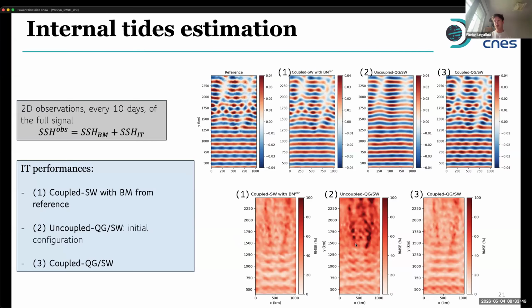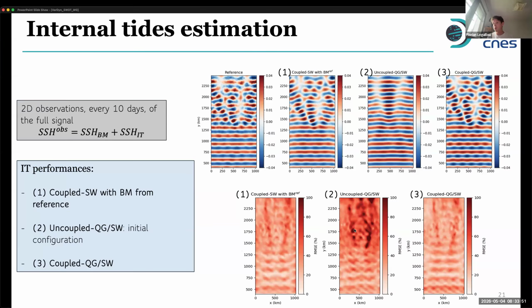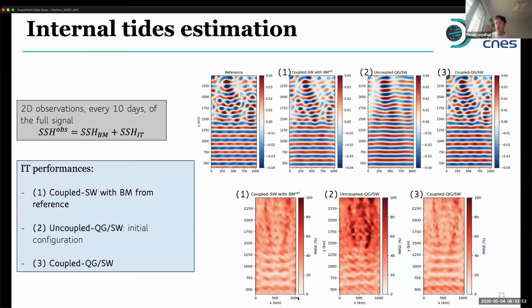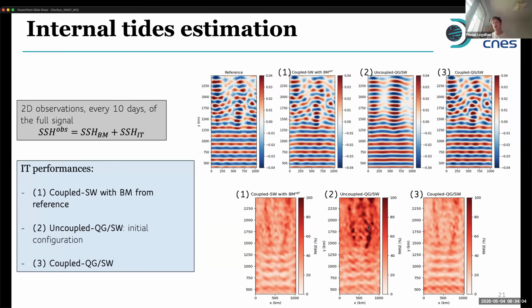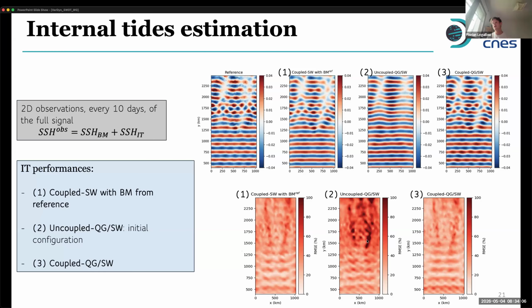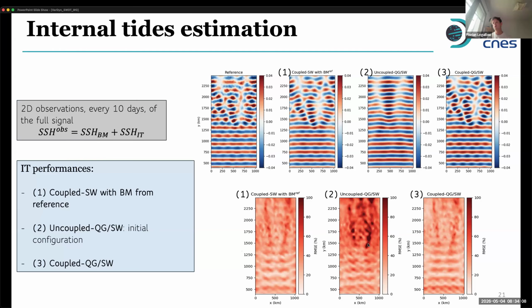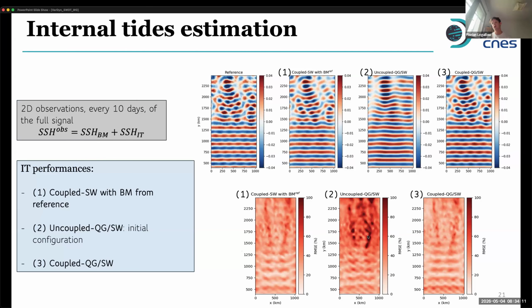So basically, maybe I can just show the statistics of the root mean square errors. The more red it is, the more errors we make. It's in percent of the IT fields. And we see that for the uncoupled QG shadow watcher, when it's non-stationary, just after the jet, that's where we get most of the errors.